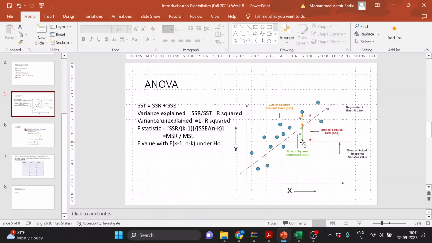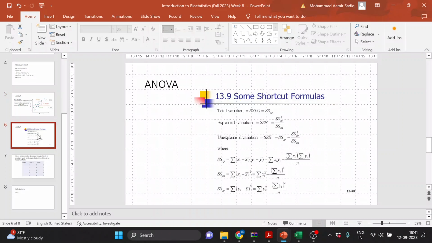Your y bar minus yi, the length of this red line, your total variation. Not variance. I'm calling it variation because variance you need to divide by n minus one, and that gives you the variance. But this is just variation, or simply SSYY, and it's given by this formula.